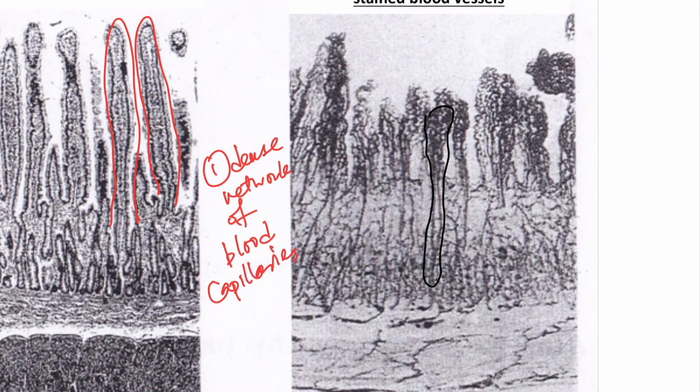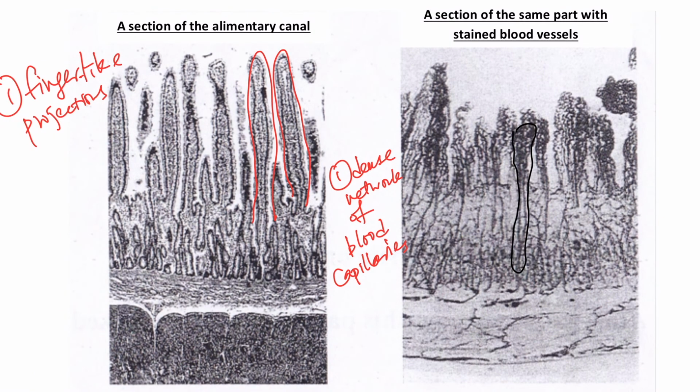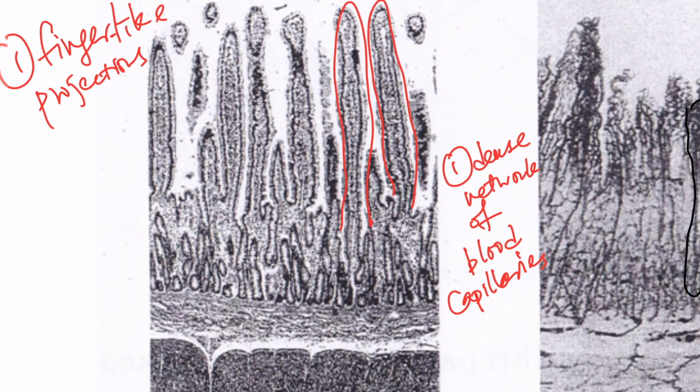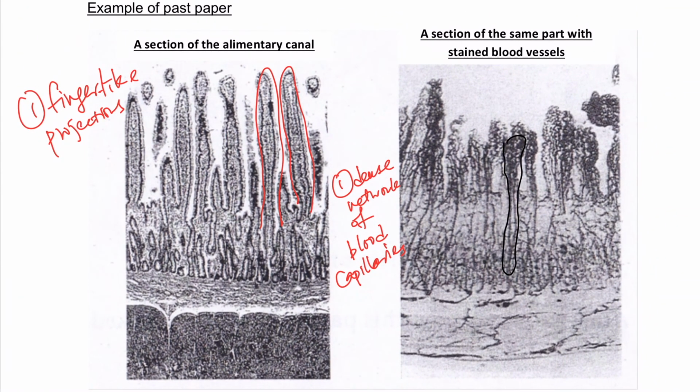Okay, please do not mix this up. For example, if you are given the left diagram, you cannot write dense network of blood capillaries because you cannot see them. Okay, that's something you have to bear in mind when you are tackling the examination.